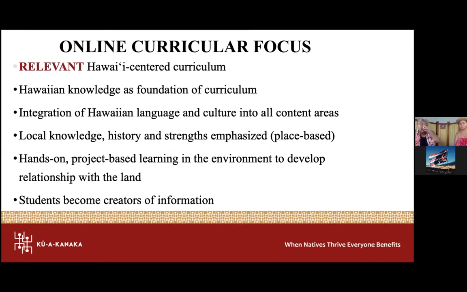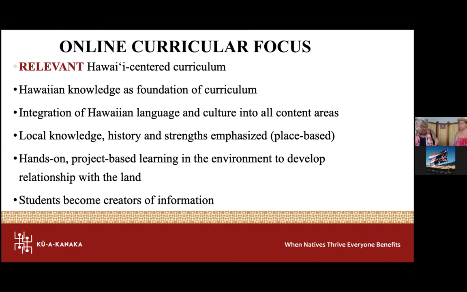And so when we are looking at the kind of curricular focus in an online environment, we really need our curriculum to be Hawaii-centered, which means that our knowledge, the knowledge of our kūpuna, which they told us is lehulehu and manomano, infinite, that's the foundation of the curriculum. And then we integrate language and culture into all content areas.